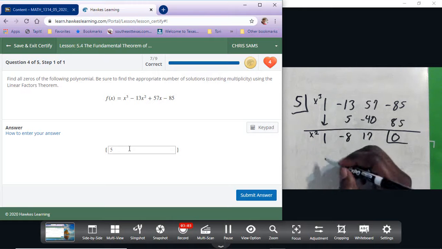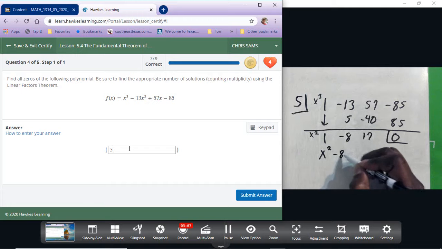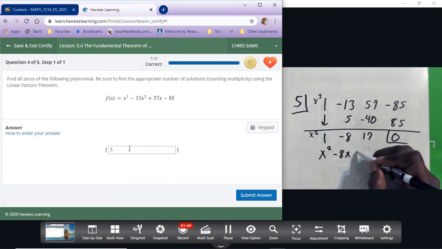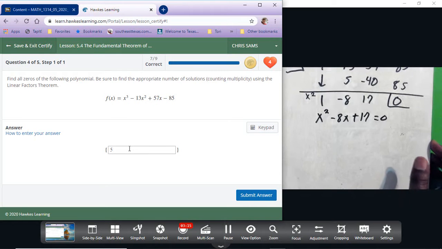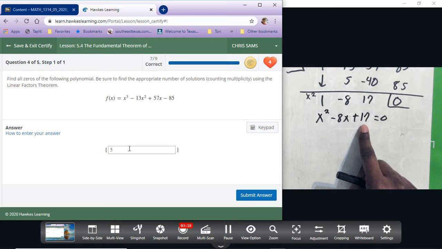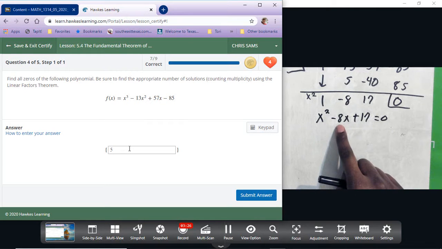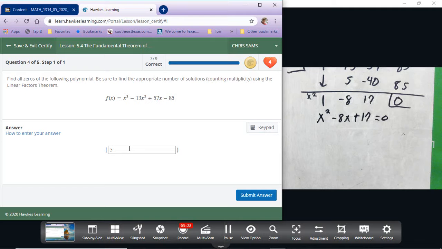So this is 1x squared minus 8x, and since this is positive, plus 17. We're going to try to factor this. Numbers that multiply to give you 17 are just 1 and 17, since 17 is prime, and they won't add to give you 8. So this will not factor. We're going to have to use the quadratic formula.